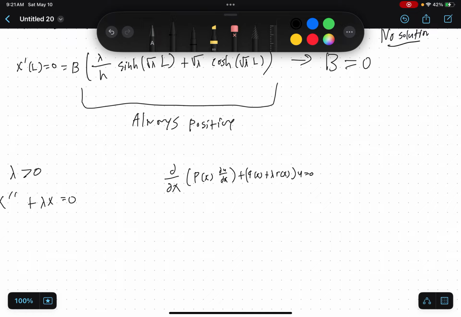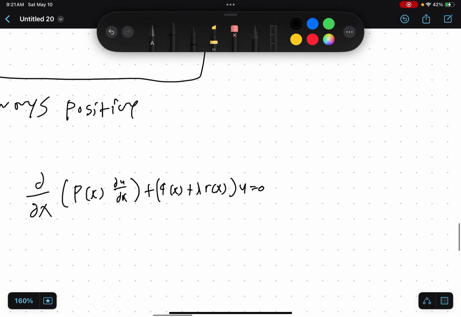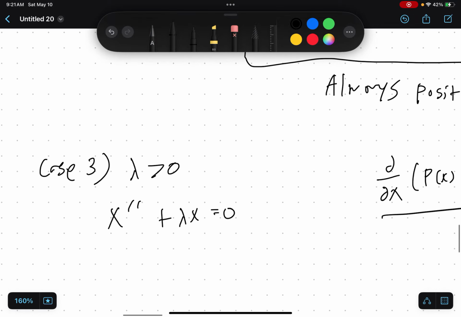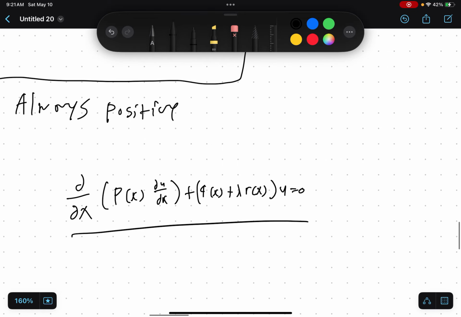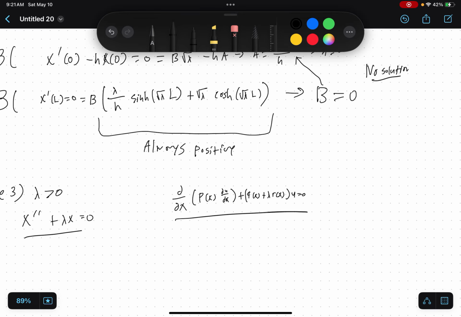All right, so if we can put this equation into this form, then we can solve it using Sturm-Liouville.